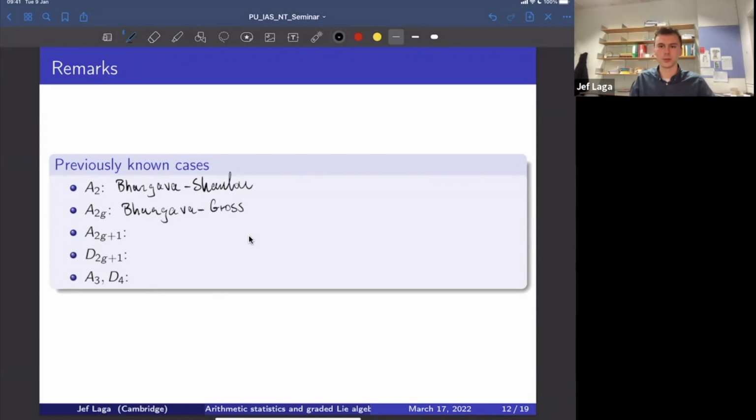The A2G plus 1 case, that's monic even hyperelliptic curves, that's Shankar and Wang, Jerry Wang. And the D2G plus 1 case, that's hyperelliptic curves with a marked non-Weierstrass point and a marked Weierstrass point, and that's done by Ananth Shankar, the brother of Arul. And the low cases A3 and D4, which correspond to elliptic curves with some marked points, were handled by Bhargava and Ho.